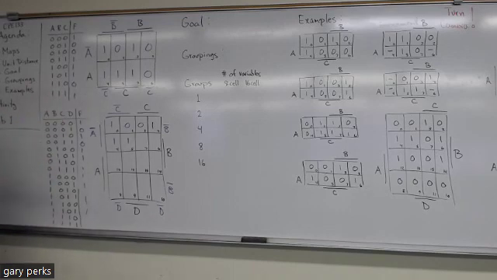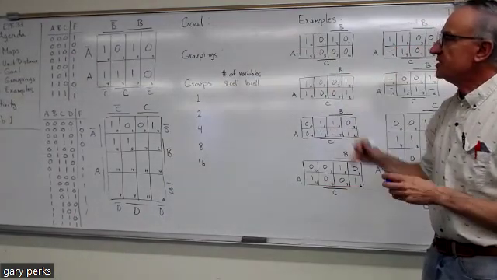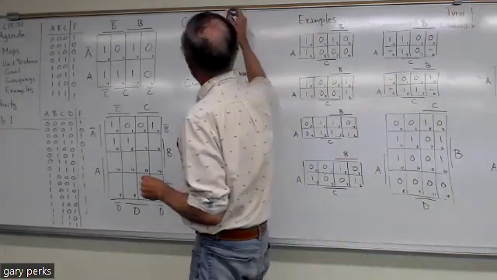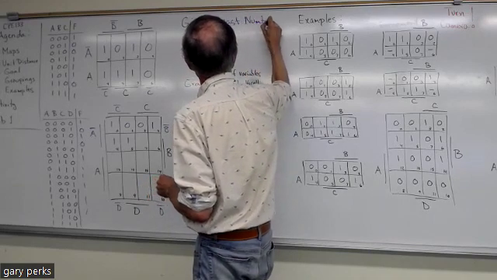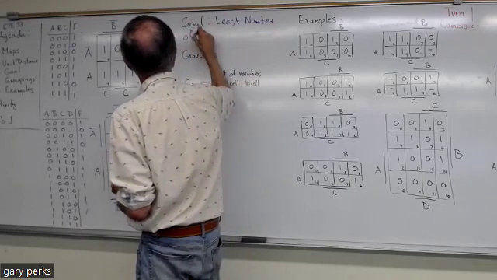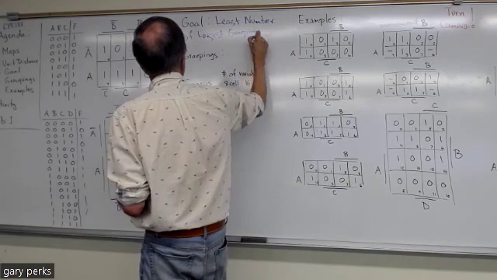Hopefully, like I said, when you first look at these, it looks kind of strange, but hopefully it's making a little bit more sense. Now we're going to get into what the goal of all this is and how we actually come up with reduced expressions using these K-maps. The goal when using this technique with the K-map is that you want the least number of largest groupings.